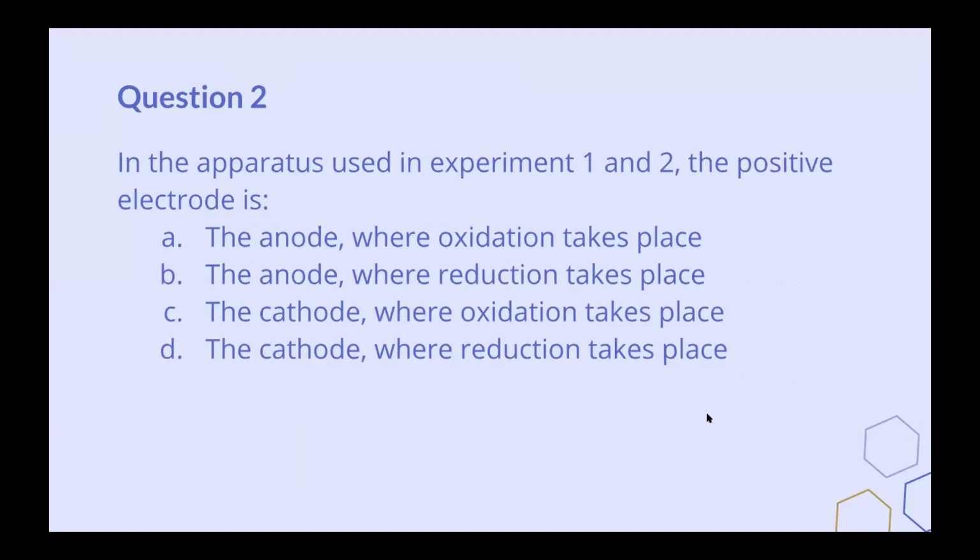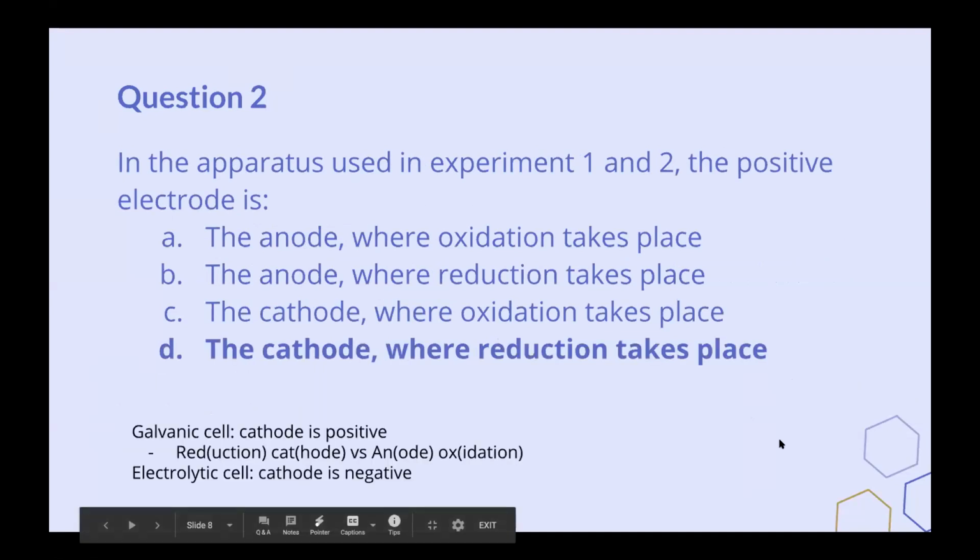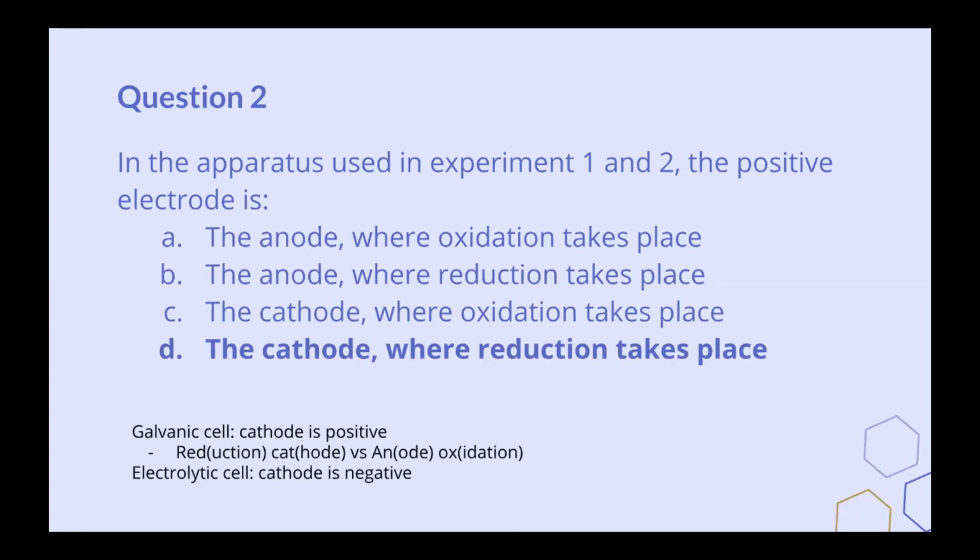So for this question, would anyone like to volunteer first? Yeah. So D is our answer. And to answer this question, you have to remember from the previous question that the cells are galvanic cells or voltaic cells. In this type of cell, the cathode is positive and the anode is negative. So you can remember the mnemonic red cat and ox.